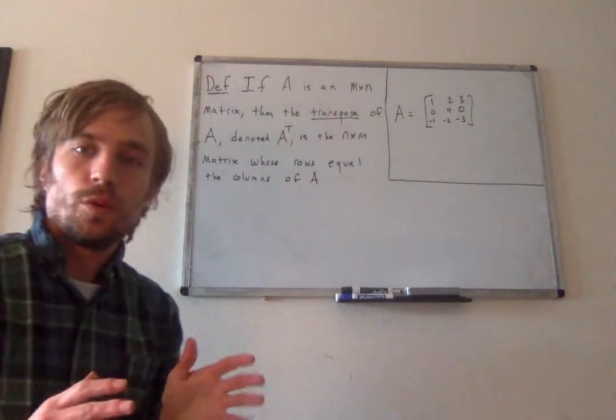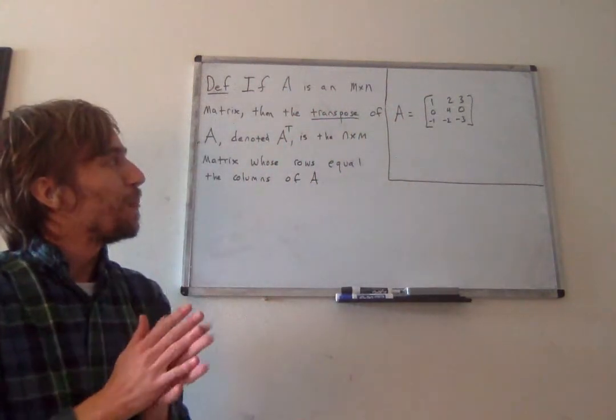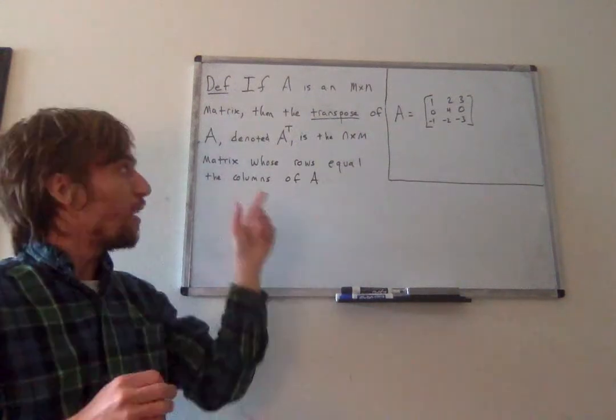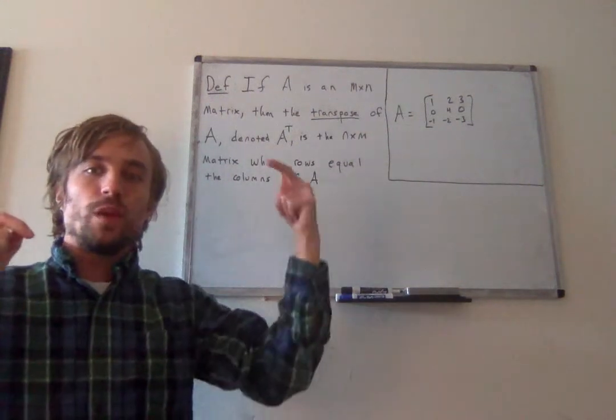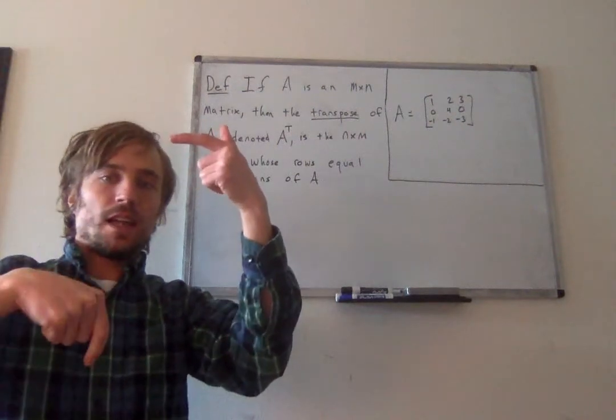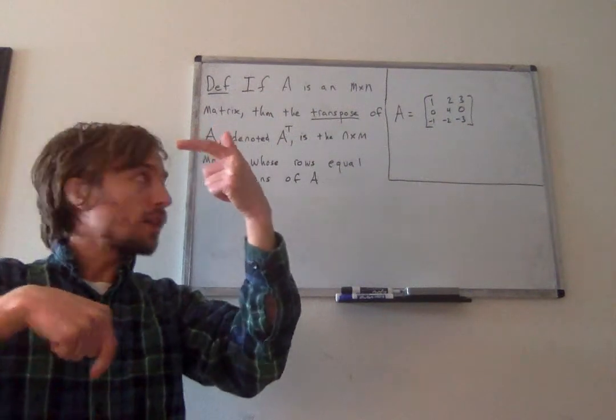And that's a really poor way of thinking about it. If I'm asked to find the transpose, I just like to read across the rows of A and fill in A transpose using the columns.